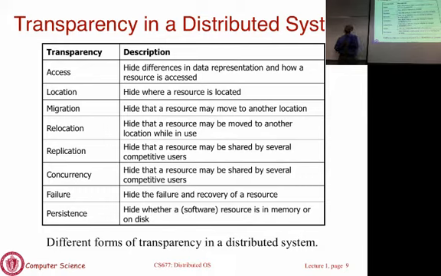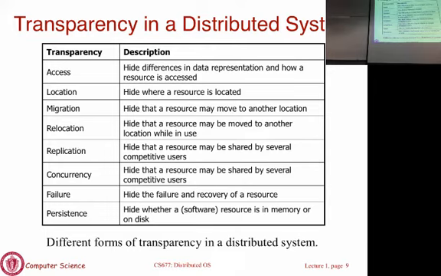A different design decision could have been that you expose the fact that there are all these replicas. So now you have to decide which replica to go to. You may say www.1035.google.com, so I'm going to that server, and then I'm going to send my search query to that particular server. You could have made a design decision and said, let the user pick which server they want to send the search query to, and let that query be executed by that server.